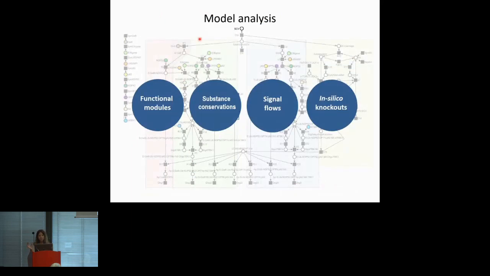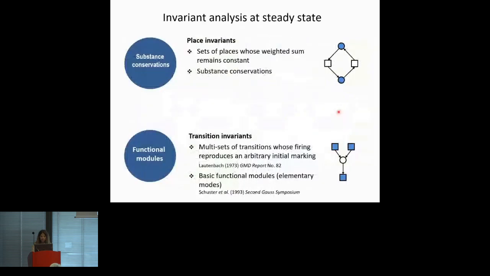Here I will not simulate, but I'm interested in getting general information on the system's behavior, meaning which functional modules occur at every stage of the system. Then substance conservation, we will consider signal flows and in silico knockouts.